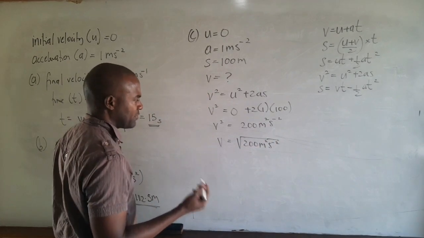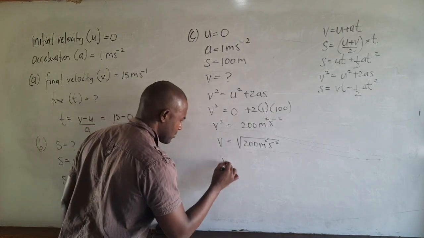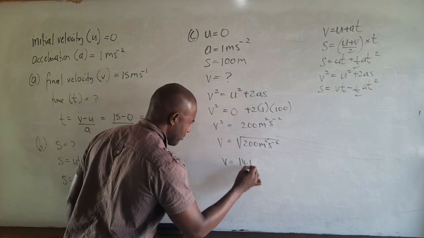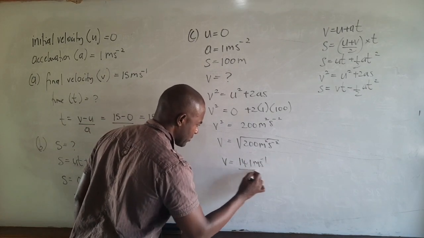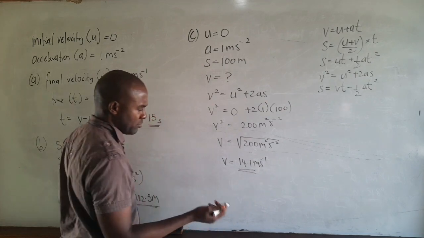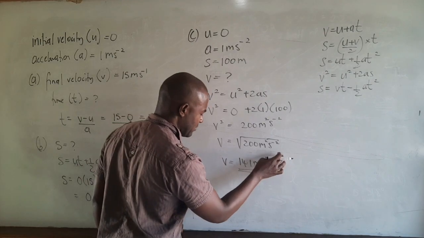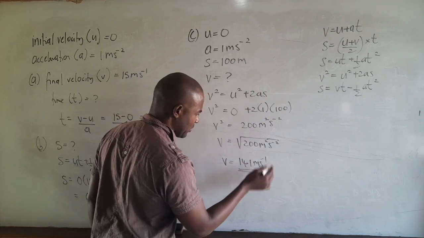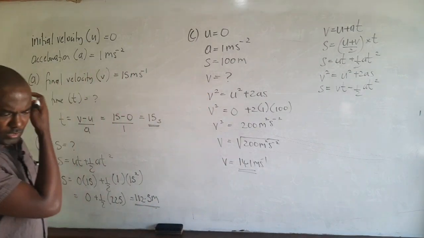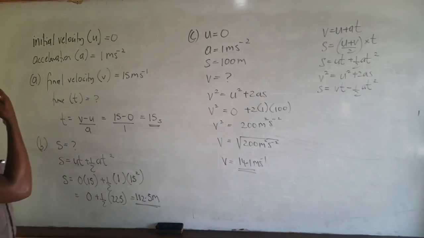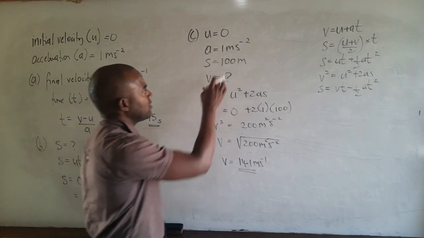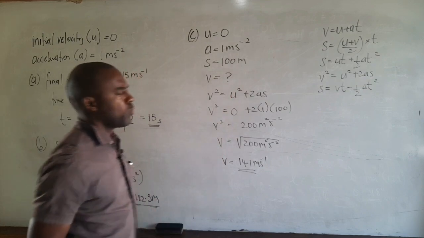And this gives us about 14.1 meters per second. Square root of 2 is approximately 1.41 times square root of 100 is 10. So 14.1 meters per second. So this velocity is 14.1 meters per second having traveled a distance of 100 meters.